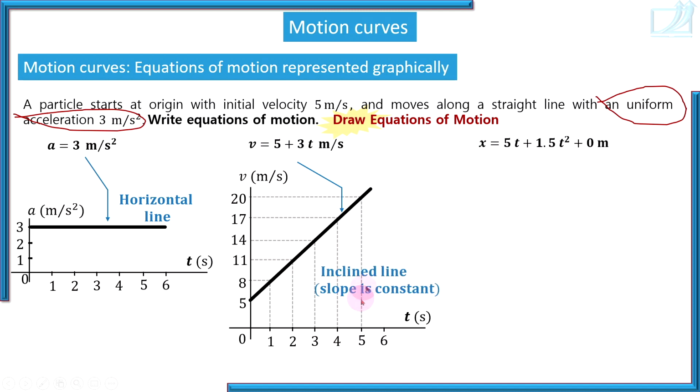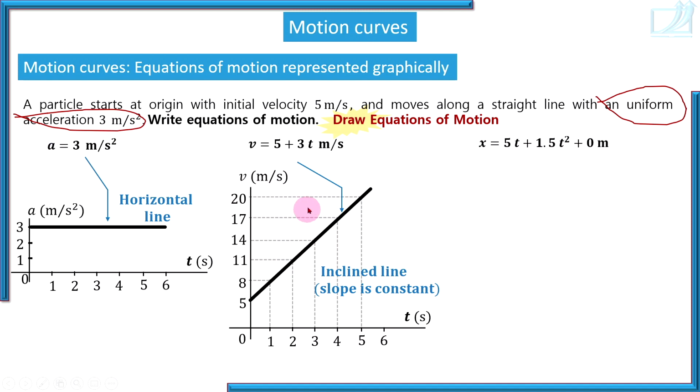It is an inclined line. Slope is constant. You know that if a curve is y is equal to f(x), then dy by dx is its slope. Similarly, in this case, it is a relation between velocity and time. It is the Vt curve. So dv by dt is its slope, and dv by dt is nothing but acceleration we know.